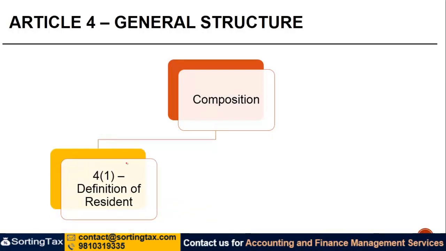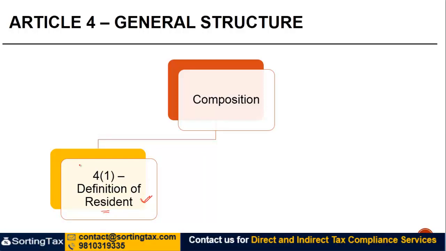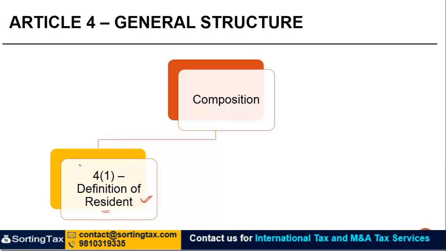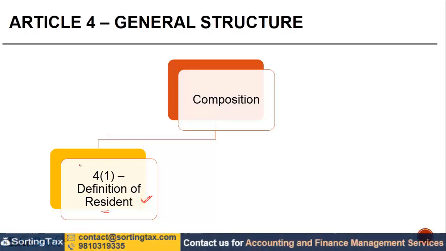Article 4(1) defines the concept of resident, right? So what is a resident? Is it a person who is incorporated in a country? Is it a person, insofar as individual is concerned, who is a citizen of that country? Is it a company whose management lies in a particular country? All these criteria are mentioned generally in Article 4(1), which defines what a resident of a particular country means.